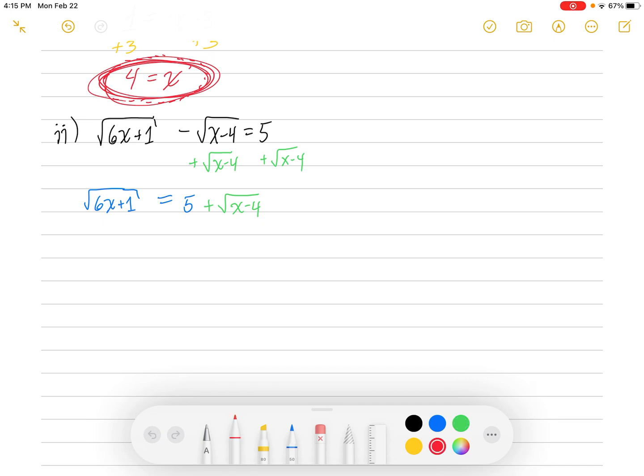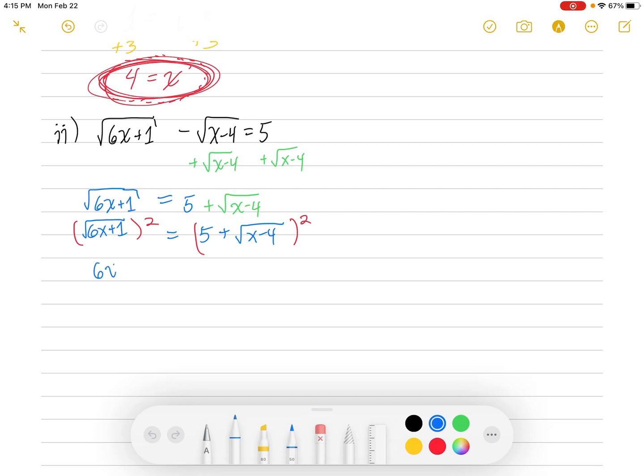Okay, so now to get rid of this radical, we're going to square both sides. I'm going to take the radical of 6x plus 1 and square that. I'm going to take the right side, which is 5 plus root of x minus 4, and square that. On the left side, the square cancels with the square root.